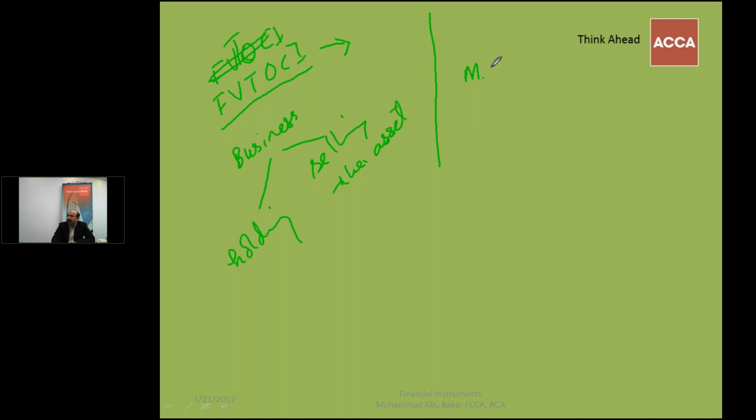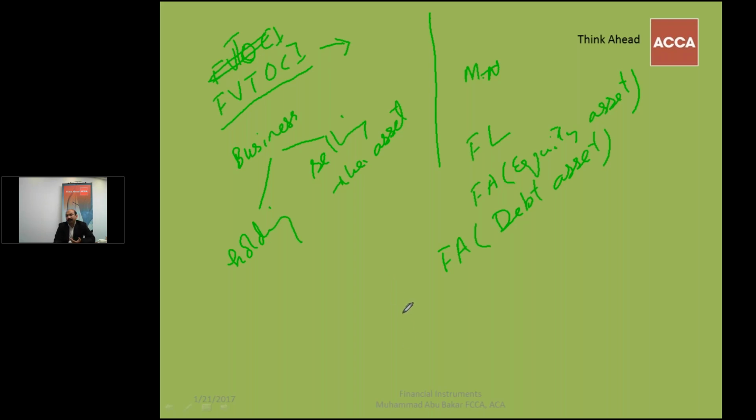Adil Haq is asking in what circumstances can we reclassify the financial asset or financial liability? Financial liability cannot be reclassified; it is not permitted. A financial asset which is an equity asset also cannot be reclassified. The only financial asset left with us is the debt asset. That can be reclassified if there is a change in the business model.